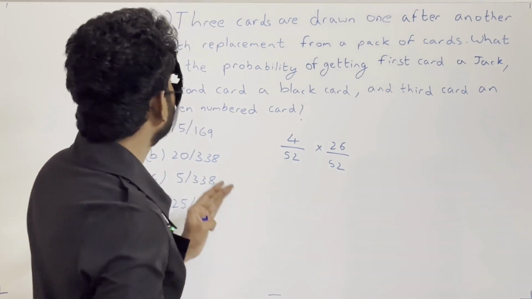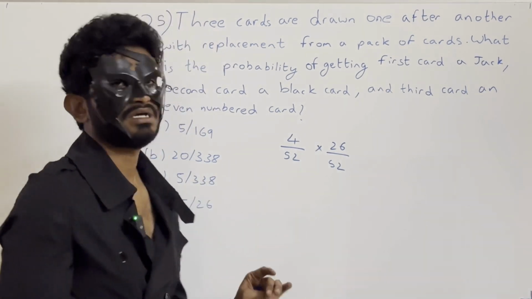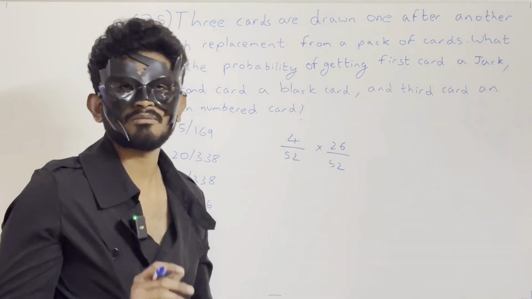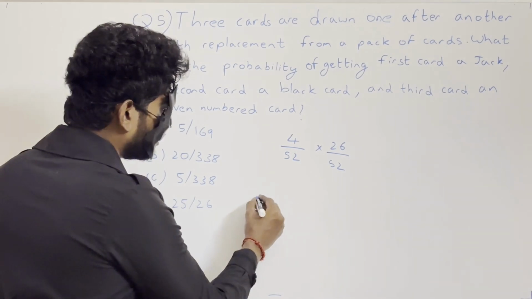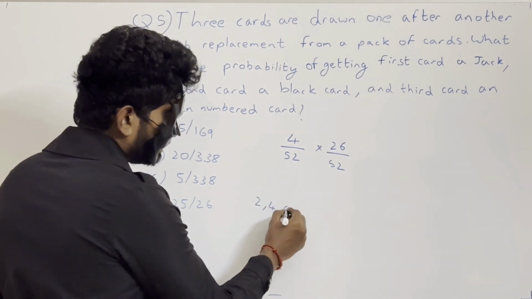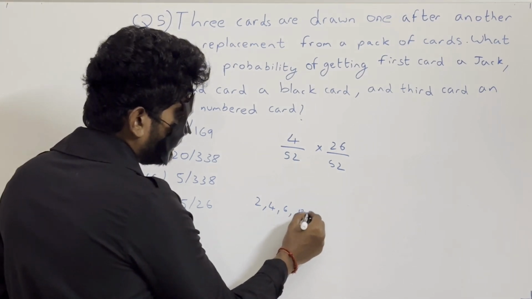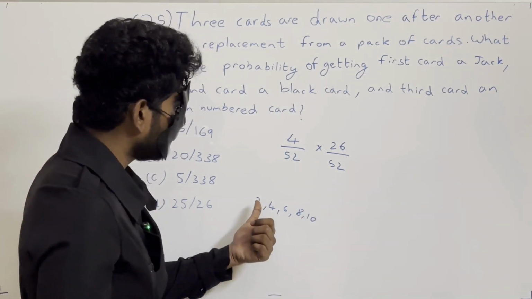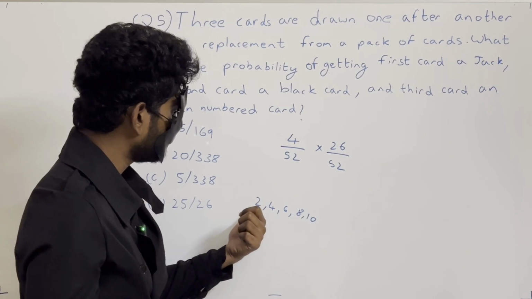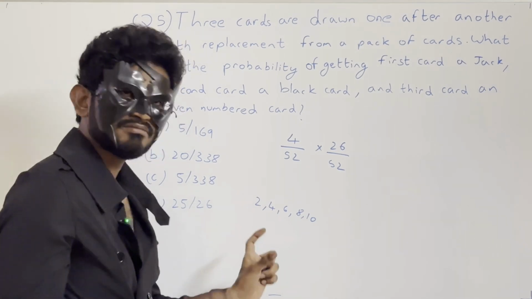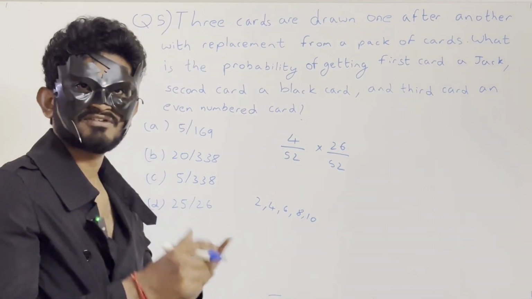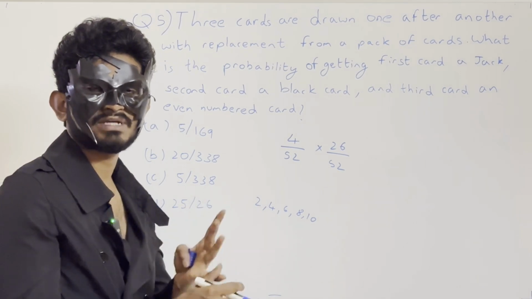And next, the third card being an even numbered card. The numbered cards are from 2 to 10. So the even numbered cards will be 2, 4, 6, 8, 10. Right? This is 5 from clubs, 5 from spade, 5 from hearts, 5 from diamonds.